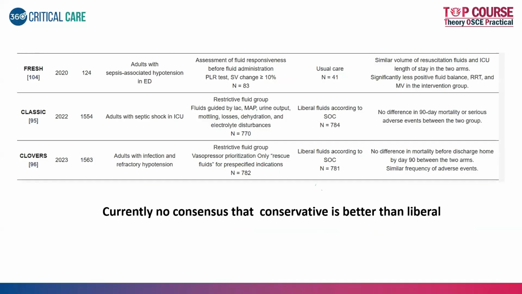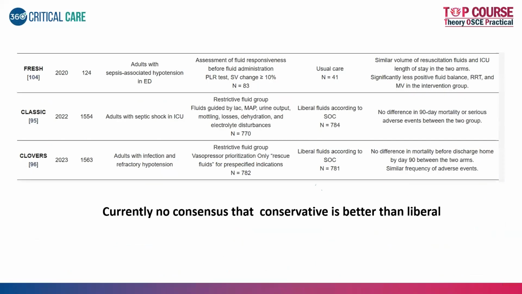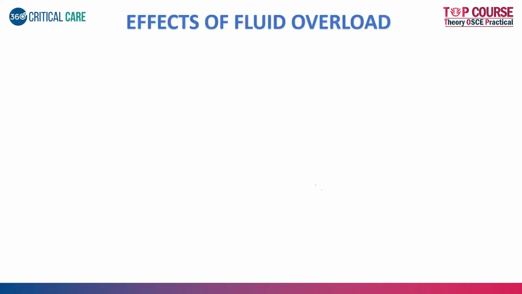There are a lot of studies, starting from EGDT, FEAST, ARISE, SSP, the latest being the CLOVERS trial in 2023. Currently there is no consensus that the restrictive group is superior to the liberal fluid resuscitation group. But having said that, it is always better to do a dynamic fluid assessment and maintain euvolemia as much as possible.